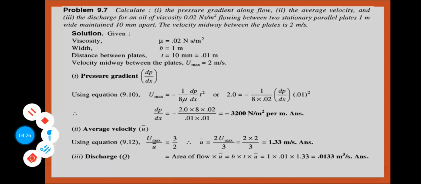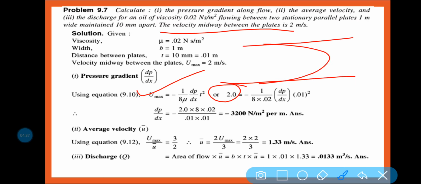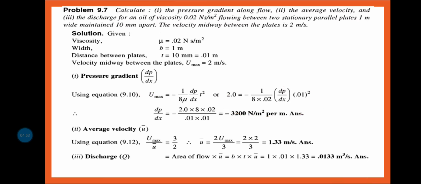Here basically put the value. U max is given midway between the plates. That means if this is your plate, this is the midway. Here the velocity is given, and in the mid path what we have seen is maximum velocity, because shear stress is negligible here. Am I right? So 2 is equal to, so only the unknown parameter is dP by dx.